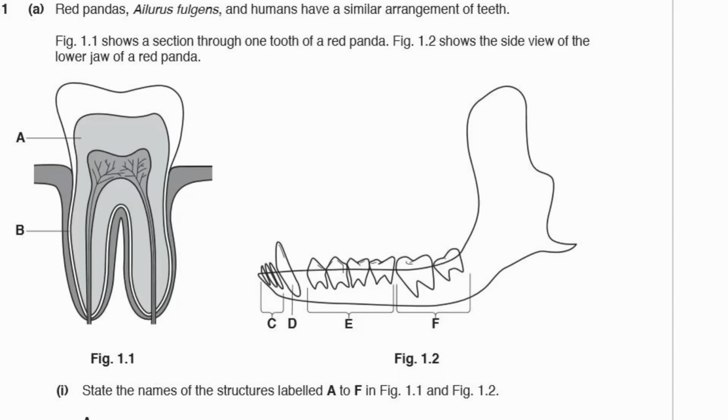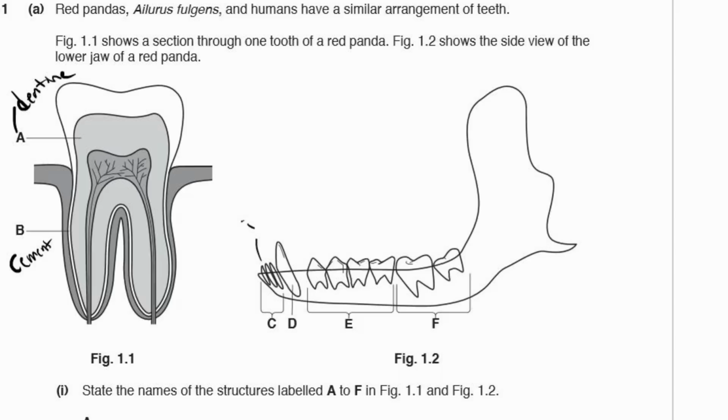All right, so first of all, we have this level here. That is dentine. Then we have the stuff that holds in the tooth all the way around the outside, and that is called cement. And we have the teeth at the front of the jaw.